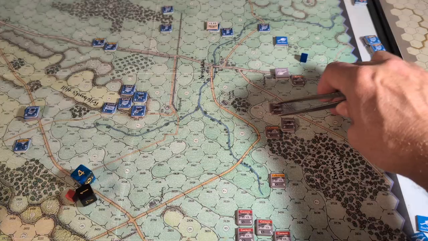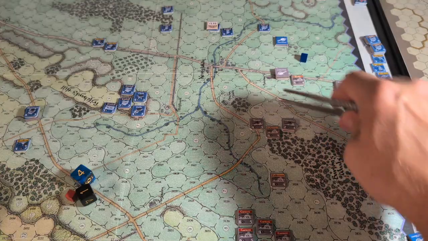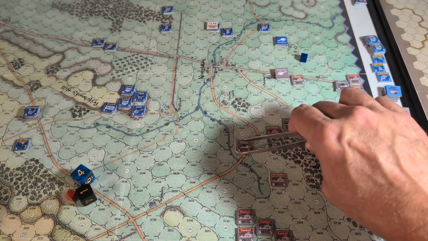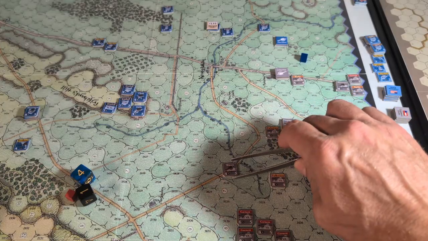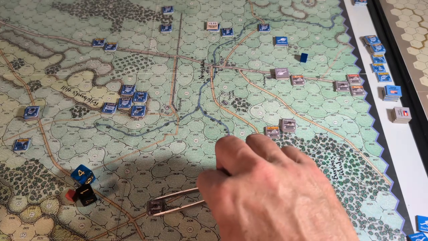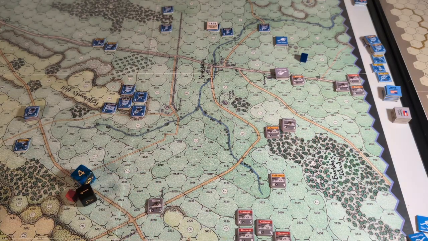So 1, up slope, down slope doesn't cost anything. 1, 2, now he's on this road. 2, 3, 4, 5, 6. It's a good spot for him. Okay.